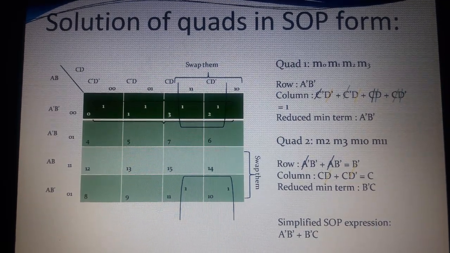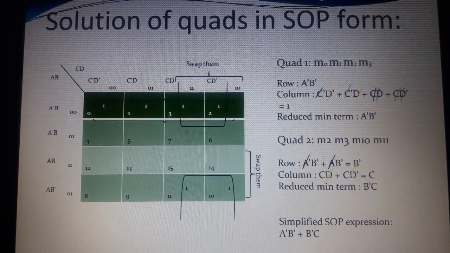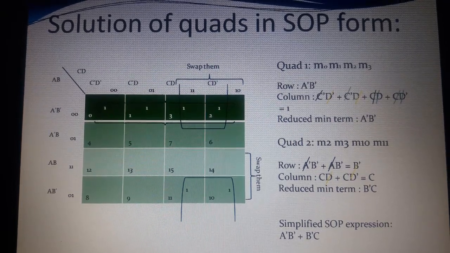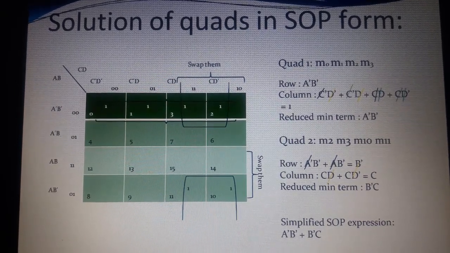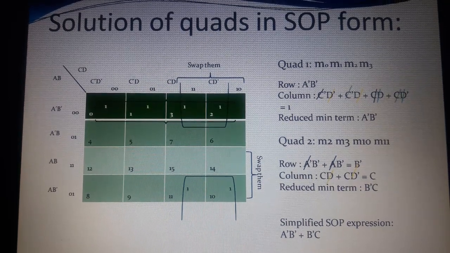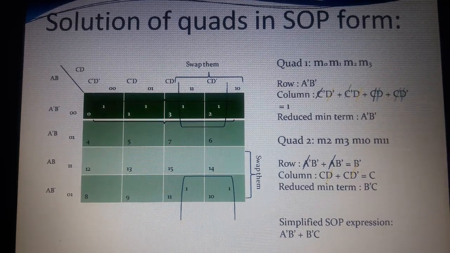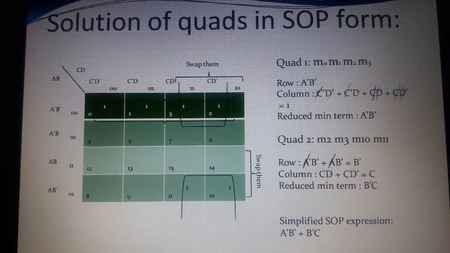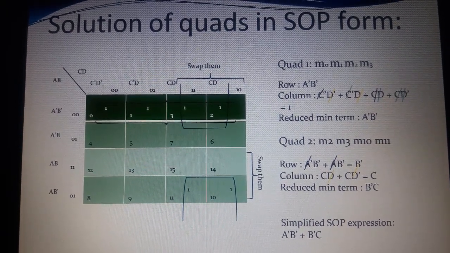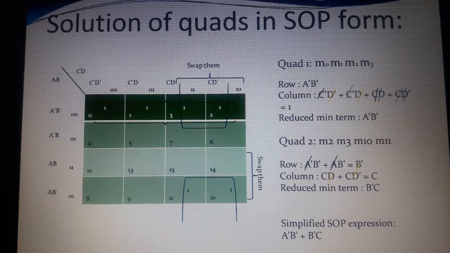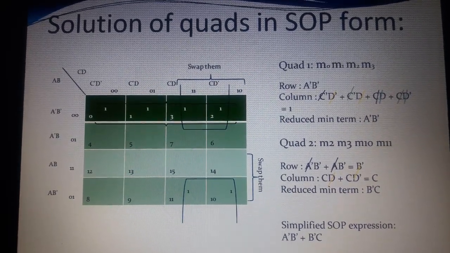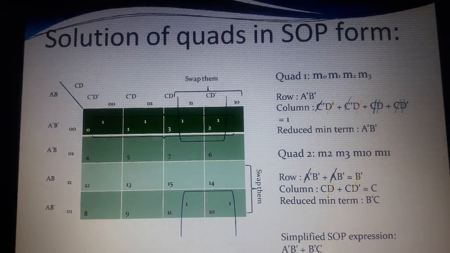See, the positions of the first quad are 0, 1, 2 and 3, and the positions of the second quad are 2, 3, 10, 11. I had written the same thing. For the row and column part, see, A' B' of the first quad and the columns all together are written with an addition sign because they are minterms together, and we had applied the Boolean law.